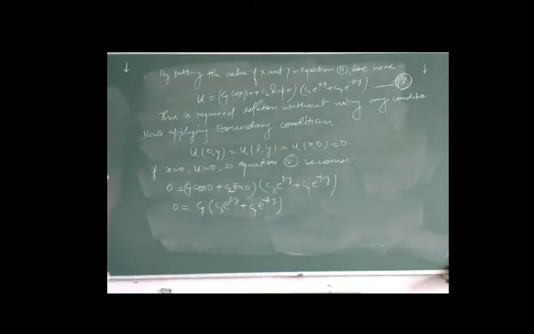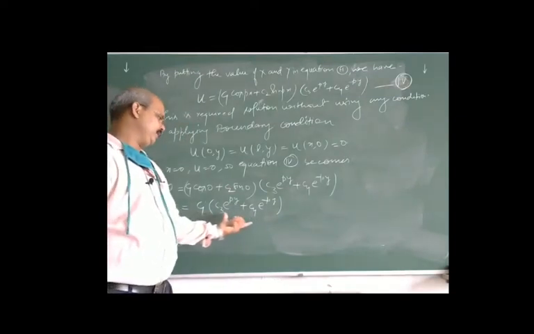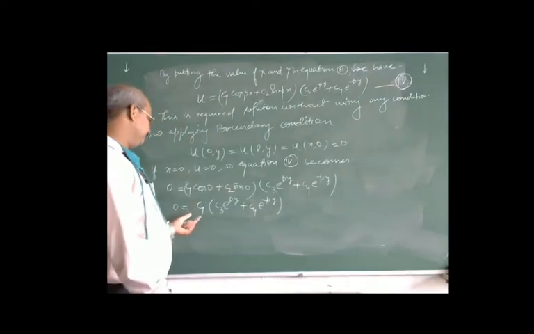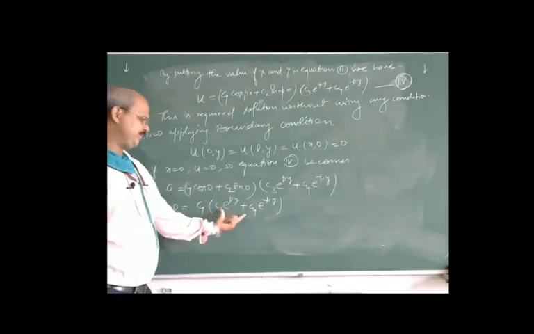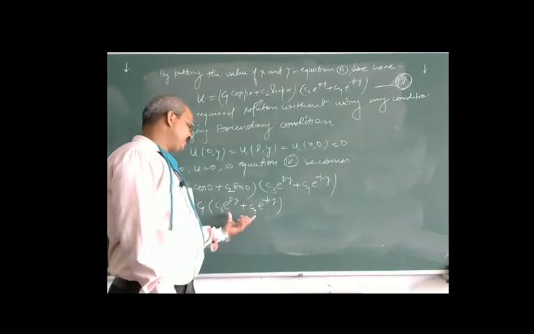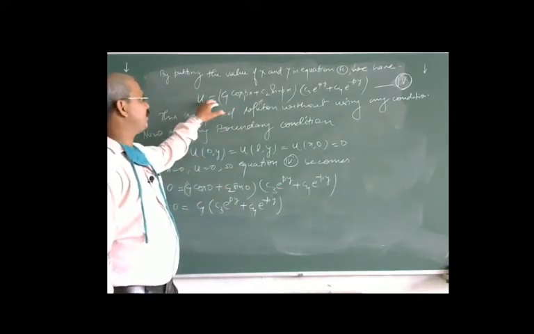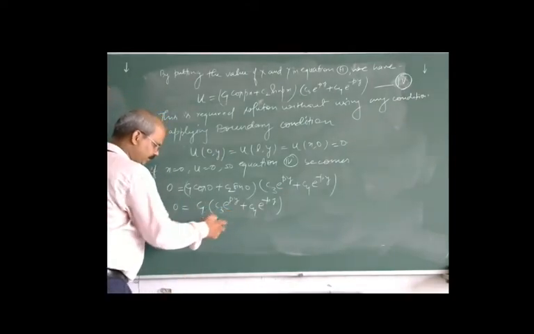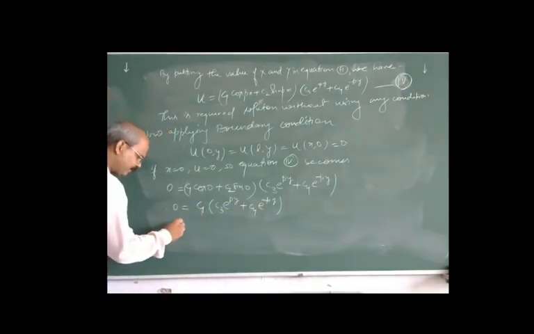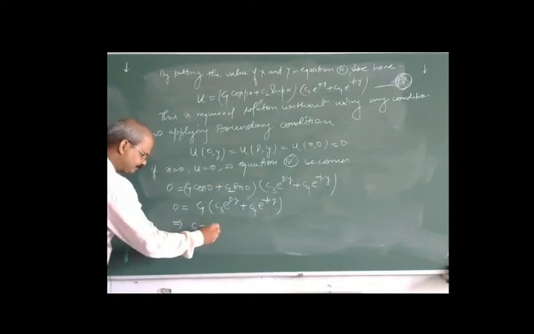As you know, the product of these two is 0. So either this is 0 or this is 0. But if this becomes 0, the whole solution, equation 4, becomes 0. In this case, it can't be 0. It holds good whenever C1 becomes 0.